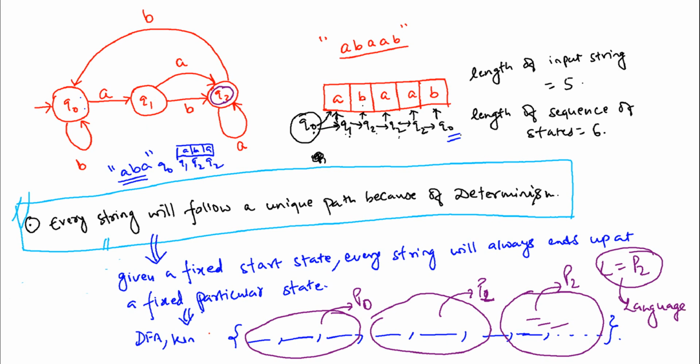So in simple language, this L, the language of the DFA, the language accepted or recognized by the DFA, that is P2. That is what we will see in that slide.